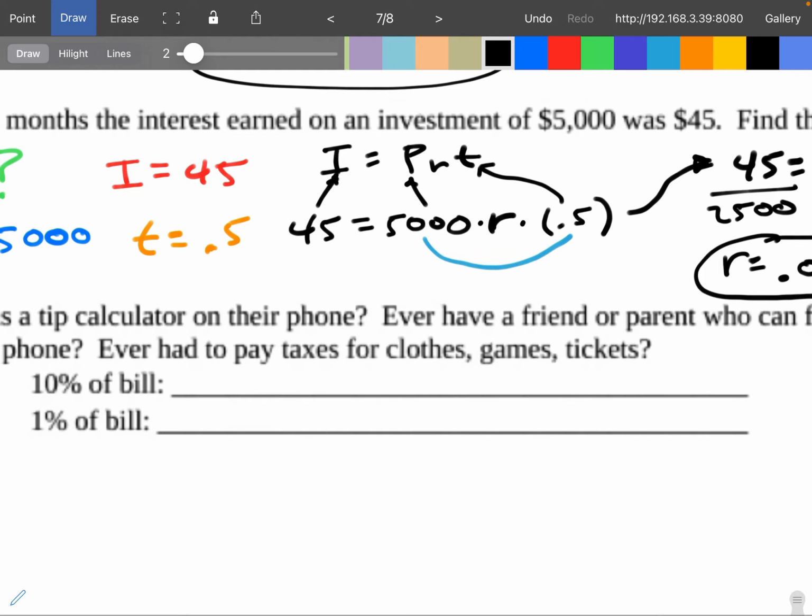So let me see if I can get this. Let's say you had a bill at a restaurant of $32.58. How do you find 10% of that?